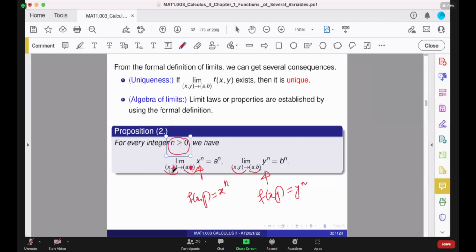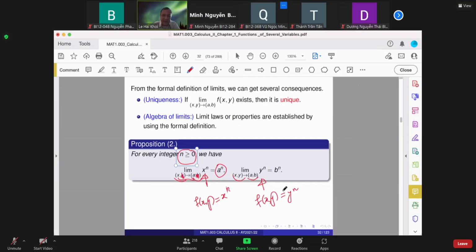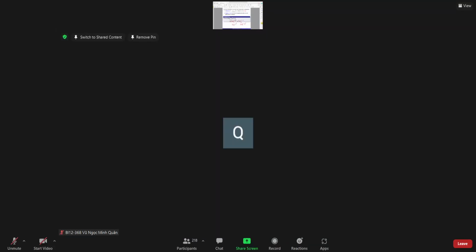You look at only x tending to a, then the answer is a to the power n. The same for the case where x is not involved: you don't have to care about x tending to a, but y tends to b, then you have b to the power n.